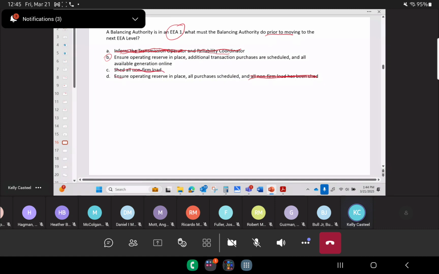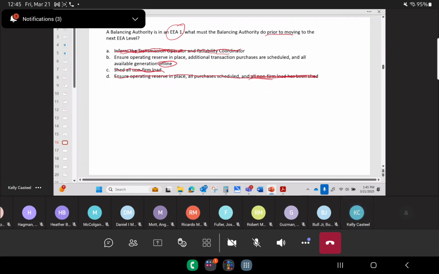So I'm going to scratch through both of those just because of that shedding non-firm load, which leaves us with answer Bravo, which I'm pretty good with some of this. Ensure operating reserves are in place. Yeah. Additional transactions, purchases are scheduled. Yeah, you'd be wanting to buy what you could. And all available generation. And the real sticker for me is this, making sure that generation is online.